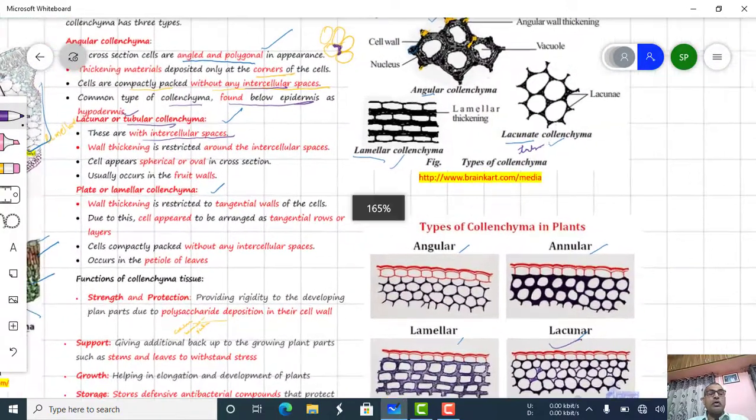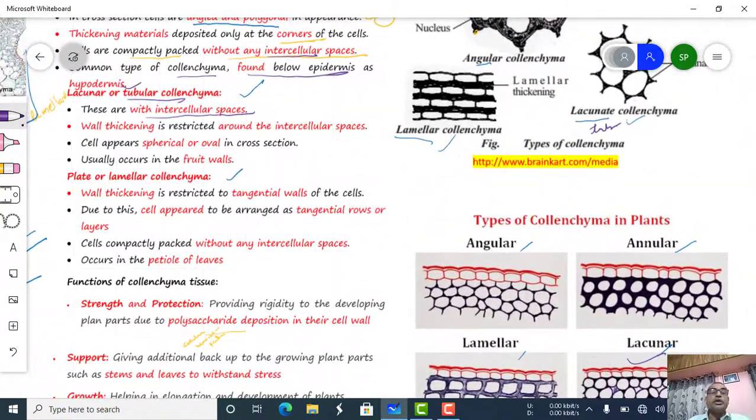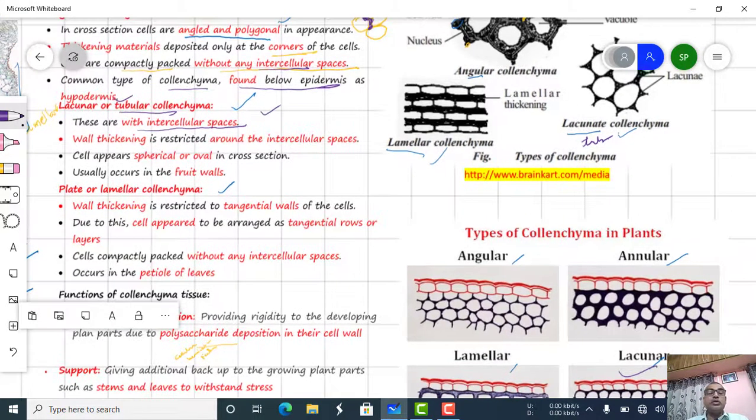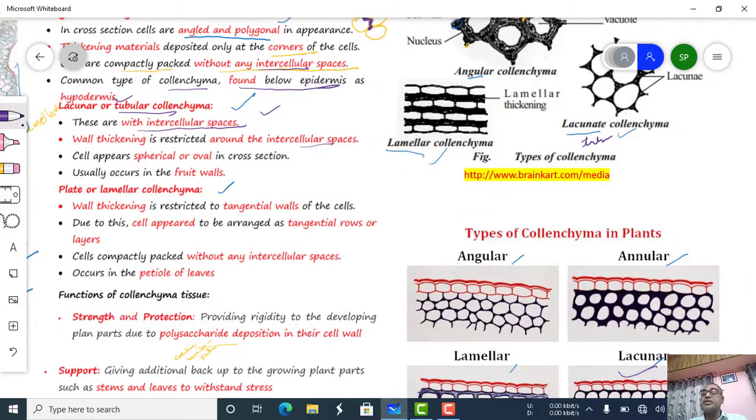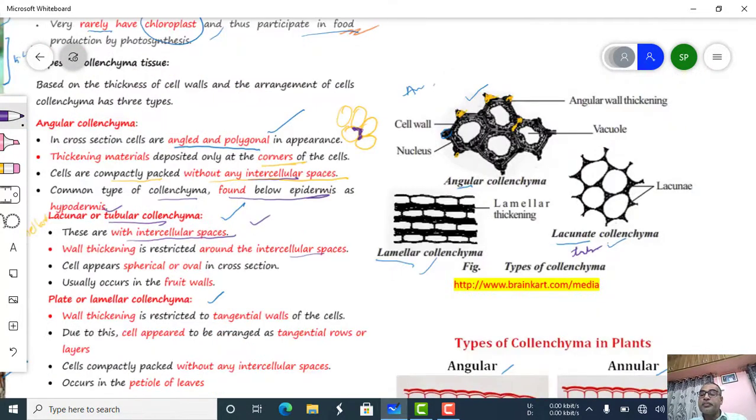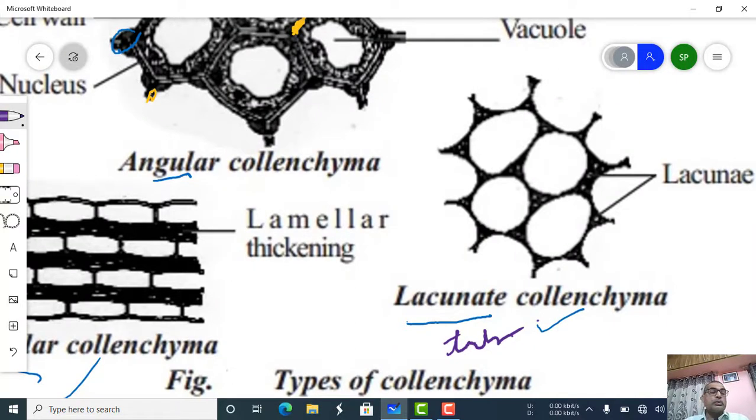The lacunar or tubular collenchyma shows intercellular spaces. Wall thickening is restricted around the intercellular spaces. If you see this figure, such intercellular spaces will be present, and the wall thickening is deposited along these intercellular spaces.